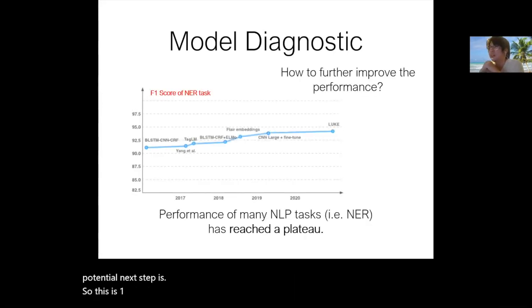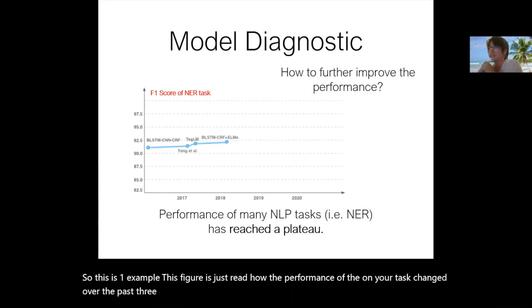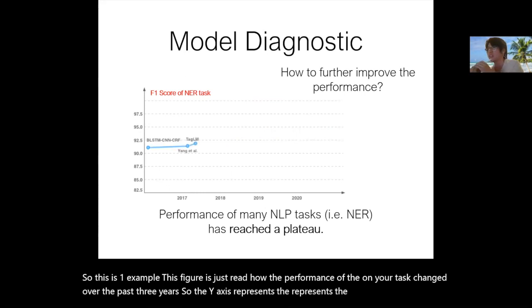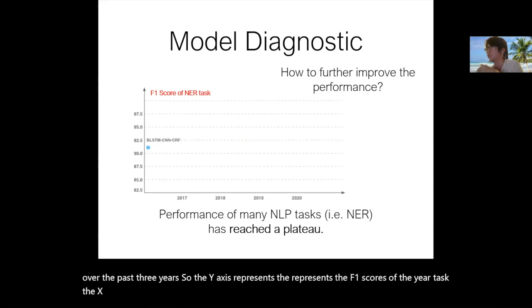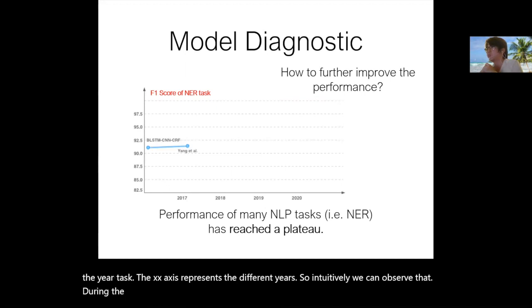This figure illustrates how the performance of the NER task changed over the past years. The y-axis represents the F1 scores of the NER task. The x-axis represents the different years. Intuitively, we can observe that during the last 4 years, the performance on the NER task has gradually reached a plateau.